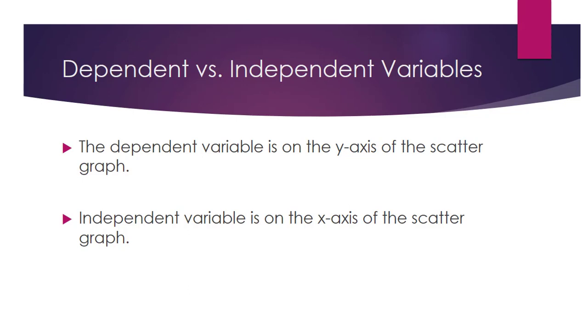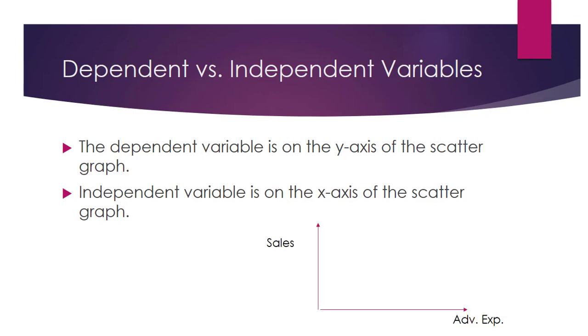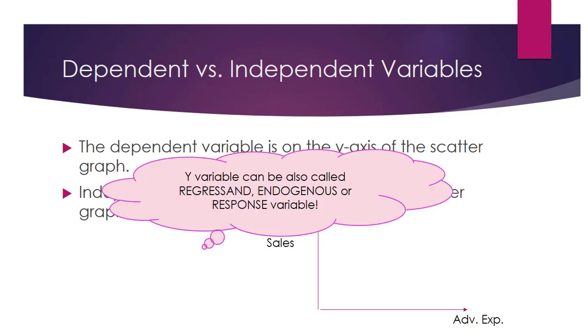So in our example, sales is on the y-axis and the independent variable, which is advertising expenditures, is on the x-axis. Depending on the textbook, the dependent variable can also be referred to as regressand, endogenous, or response variable. The independent variable can also be referred to as regressor, exogenous, or explanatory variable.